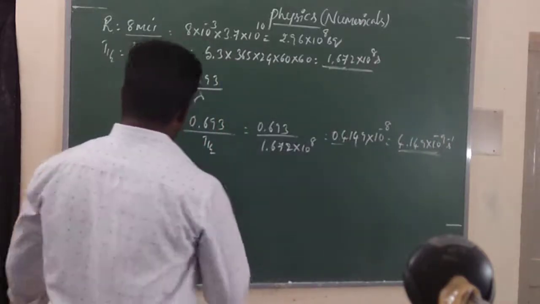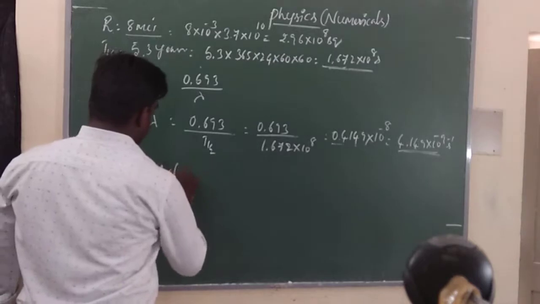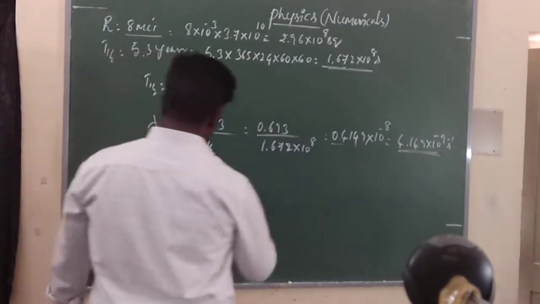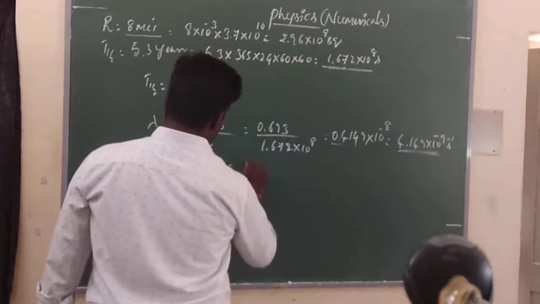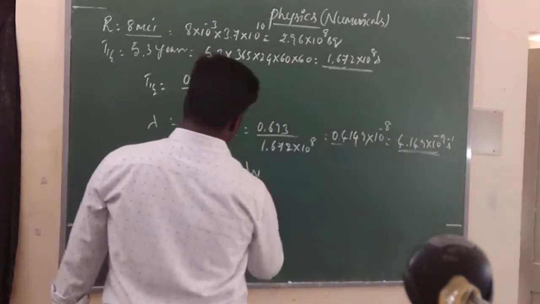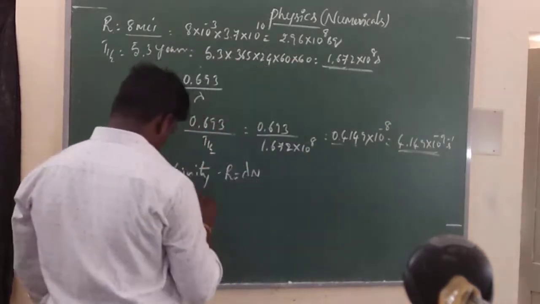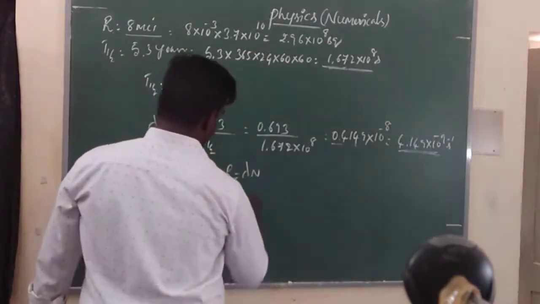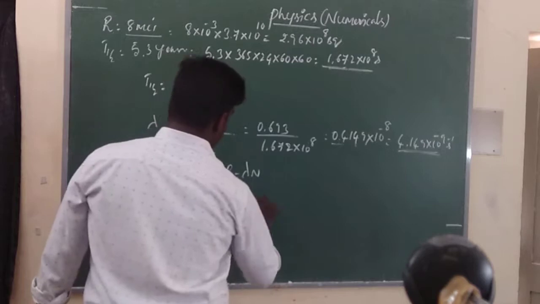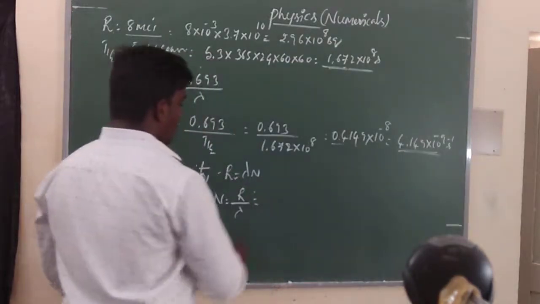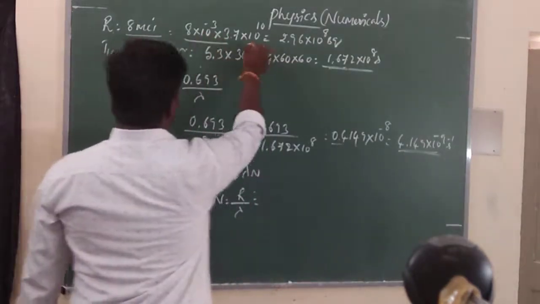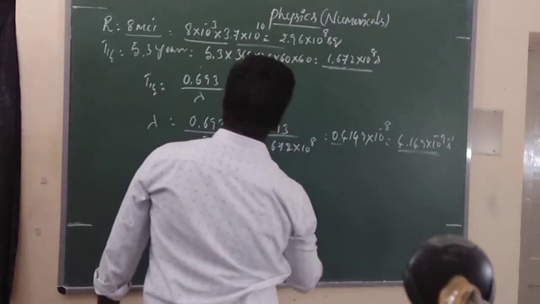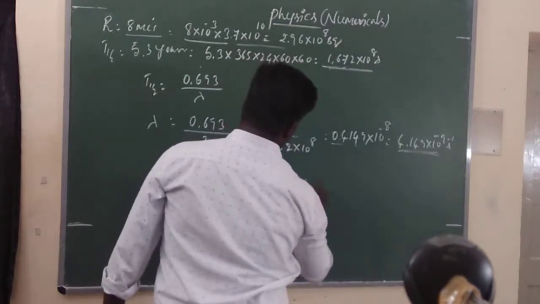Next, we calculate the activity, where activity R is equal to lambda N. So N equals R by lambda. We know the value of R, the radioactive substance, that is 2.96 into 10 to the power of 8.